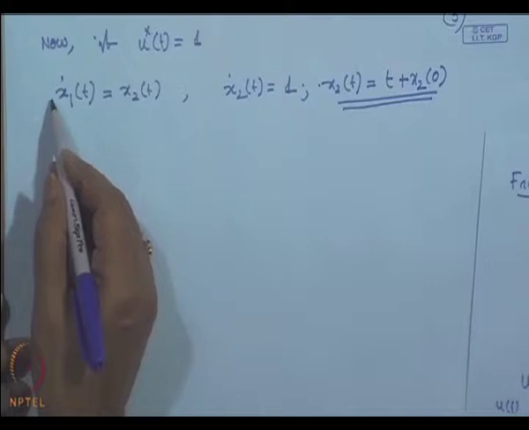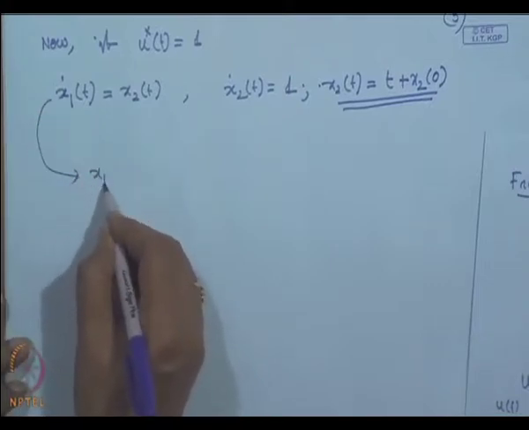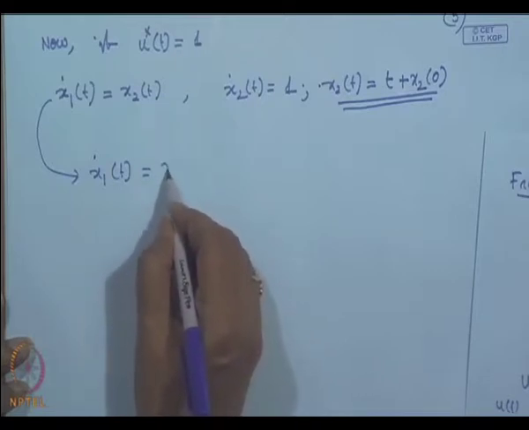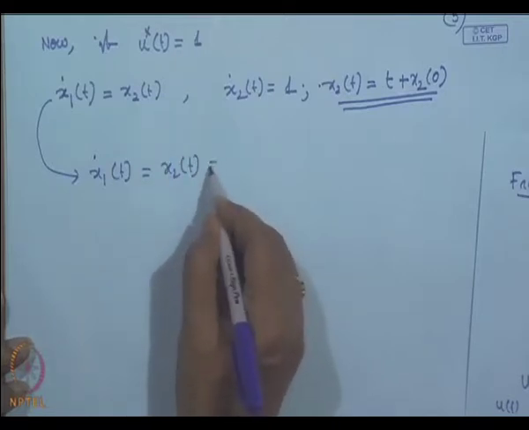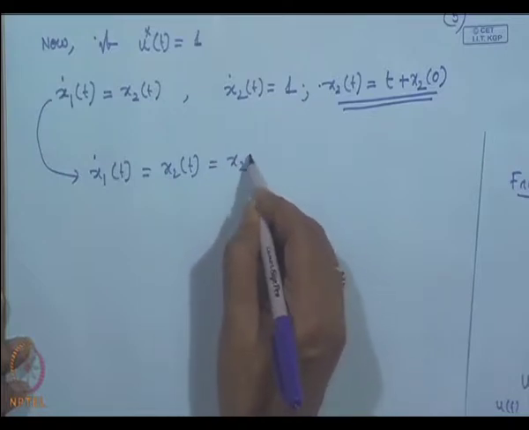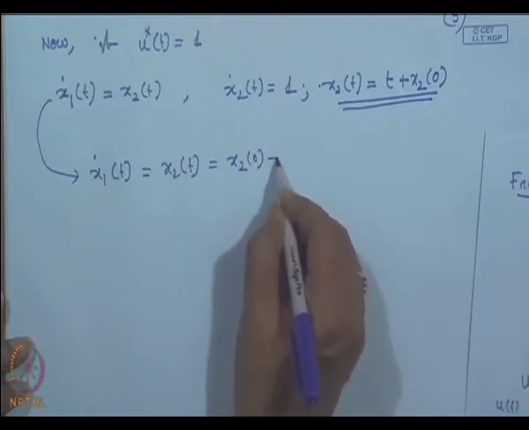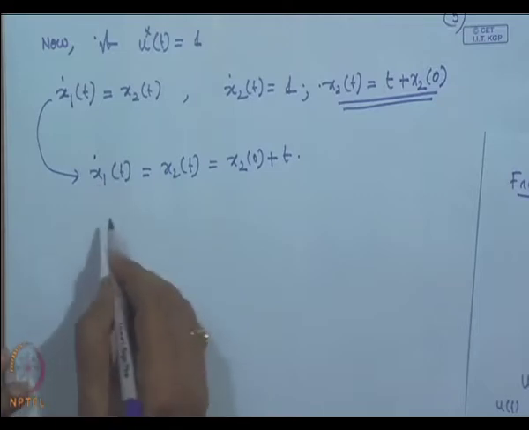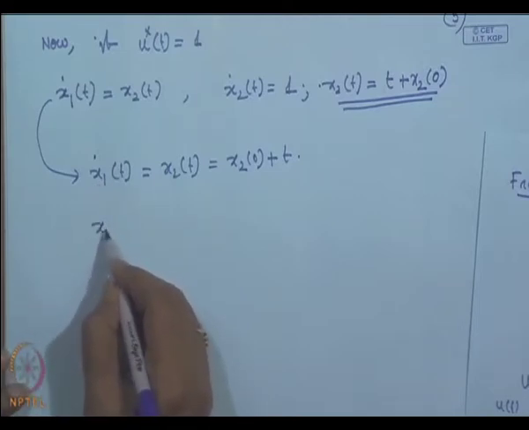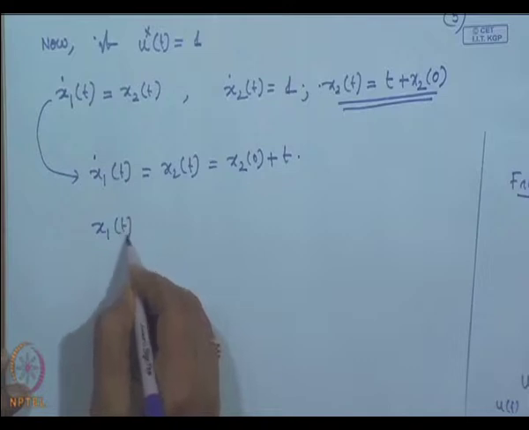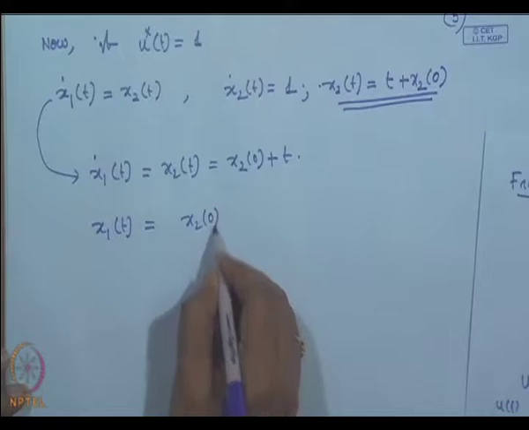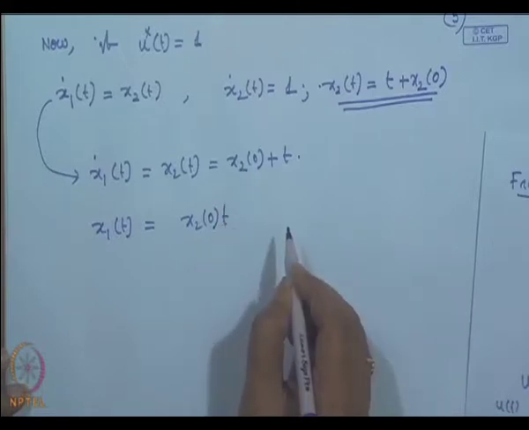So, if you put in this expression, x 1 dot of t is equal to x 2, which you can write as x 2 of 0 plus t. So, what is the solution of that one? The solution x 1 of t is equal to x 2 of 0 into t. Agree?